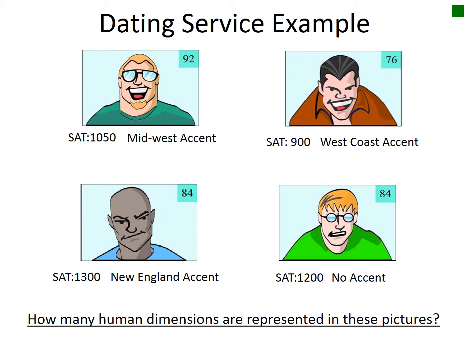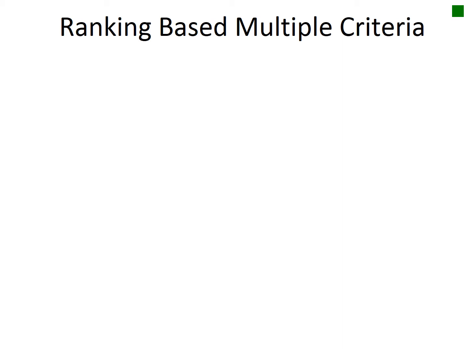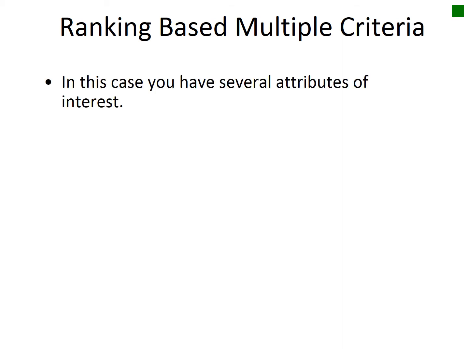And again, remember, what we're thinking is that a product is the sum total of all of its features and attributes. And so in this case, we have 4 gentlemen who have varying features. And what we would want to do is compare and contrast features by preference. So again, in this case, we have several different attributes of interest.